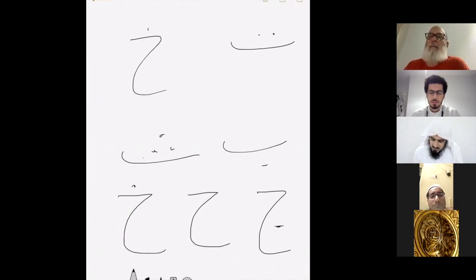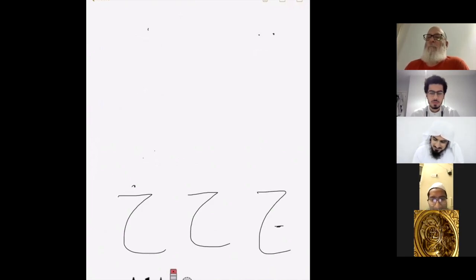Does anybody have a good story to make up to remember for Brother Dawood and the others? What's a good story you can make from these letters so you remember, from the dots? Anybody got any ideas? Khaybar, any ideas? No. Suhail, any ideas?